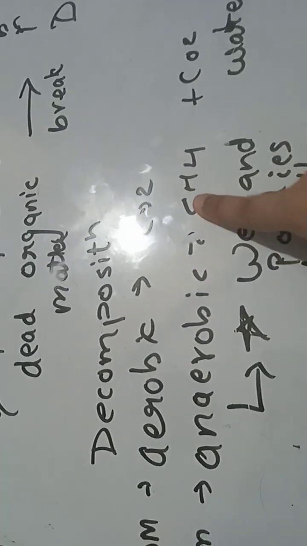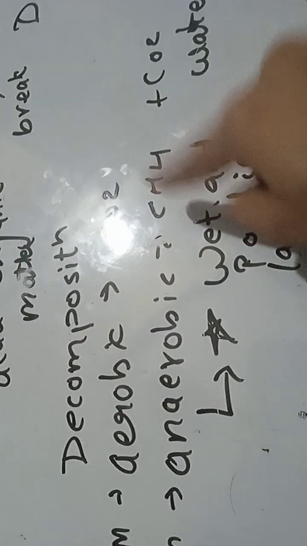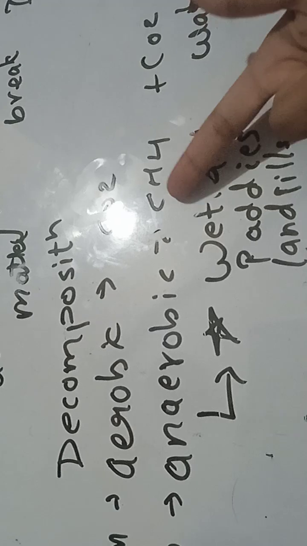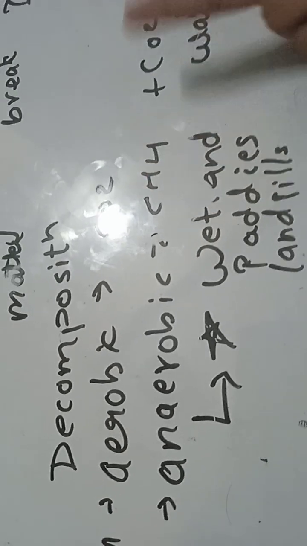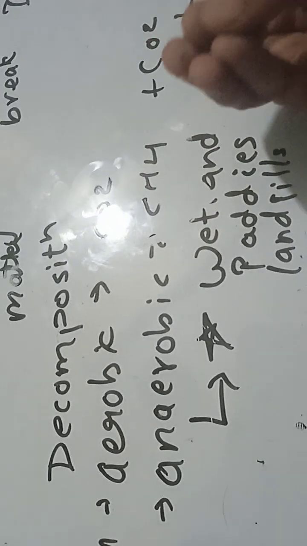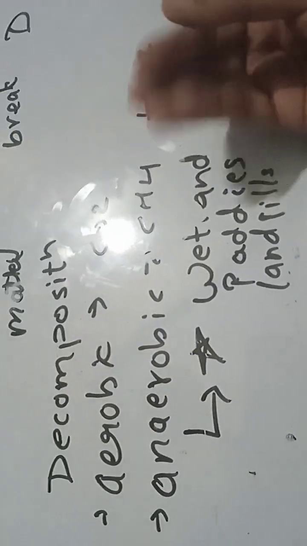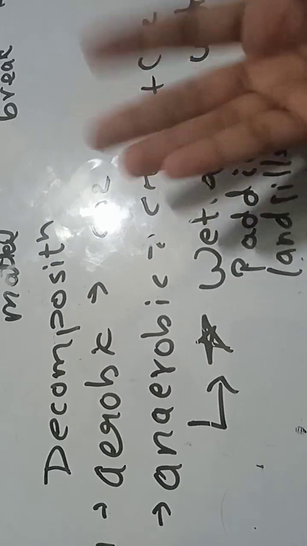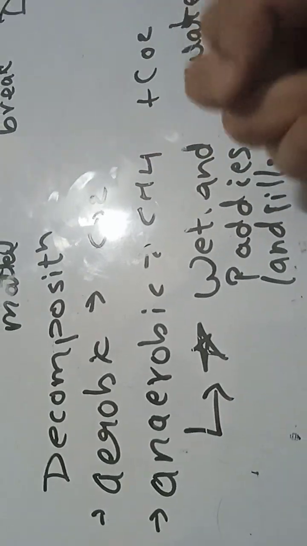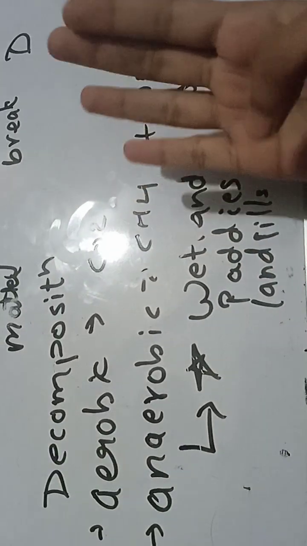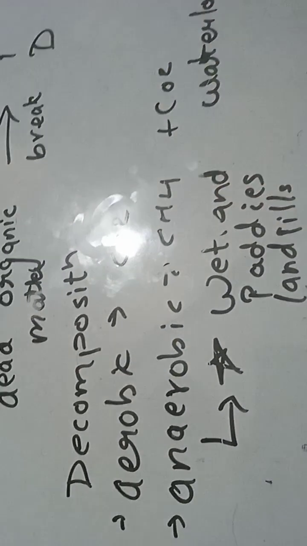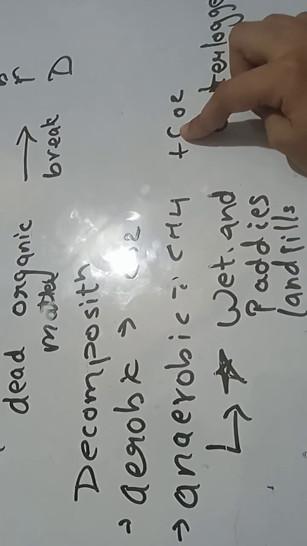Now CH4 is much stronger and more dangerous than CO2. How? Because over 100 years it is 28 to 30 times more dangerous than CO2. Now you can see how strong it is compared to CO2. When we say it is strong, it means it is a more powerful greenhouse gas; it can trap more heat as compared to carbon dioxide.